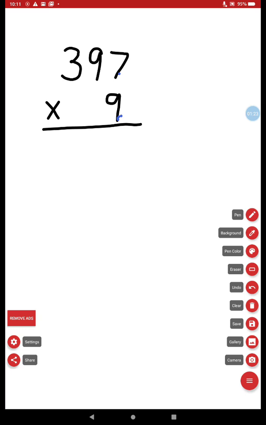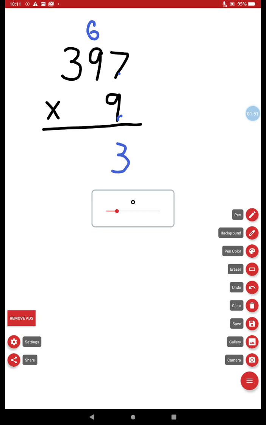Well, that's going to get you 63. So let's write down our 3 down at the bottom, and then I don't write the 6 down here. Why? Well, because there's a 9 up here, so I have to join it together.